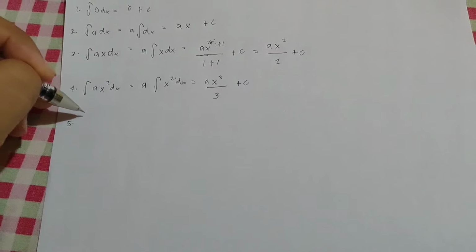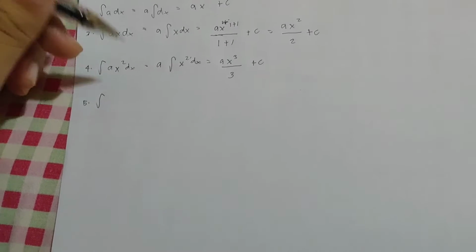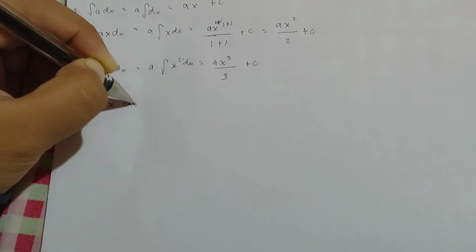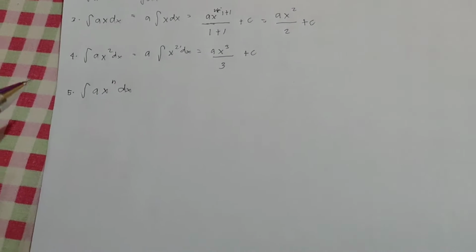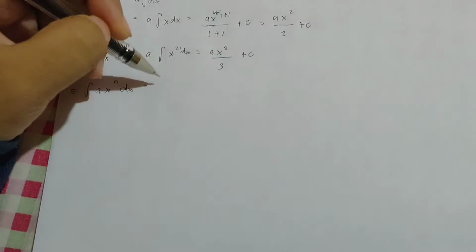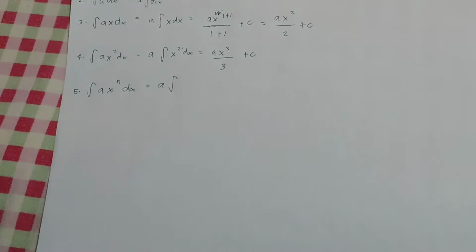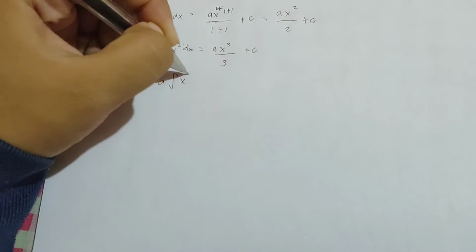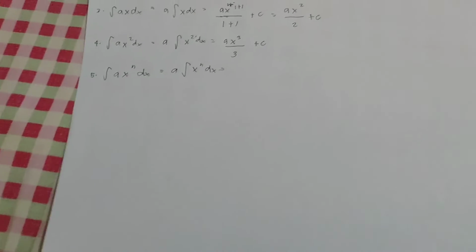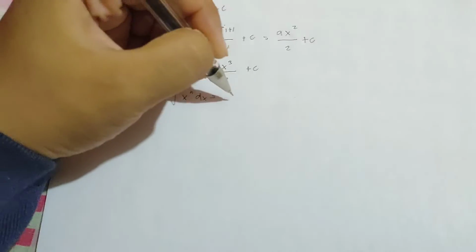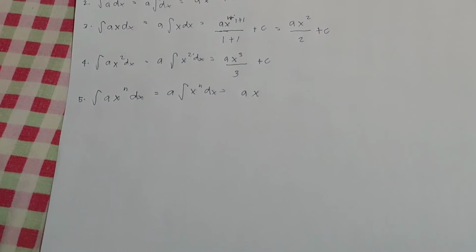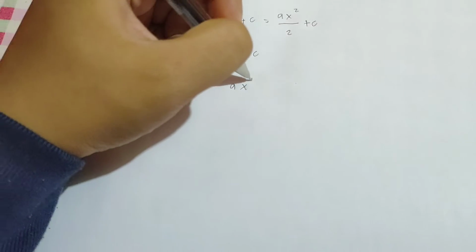To clarify it, another example will be a x to the n dx. Here, n will be our exponent. Put the constant out, a times x to the n dx. So it should be a times x to the n, n is our exponent, so copy the n.